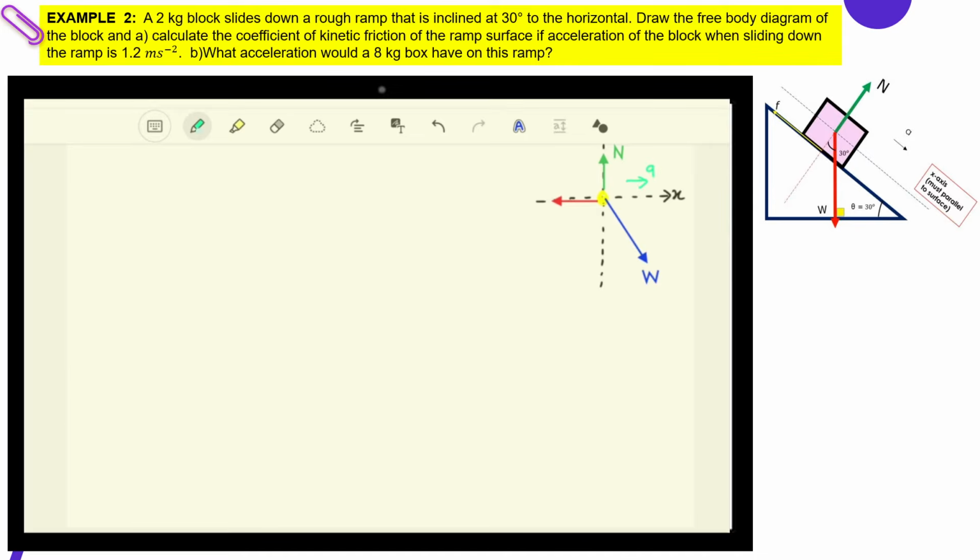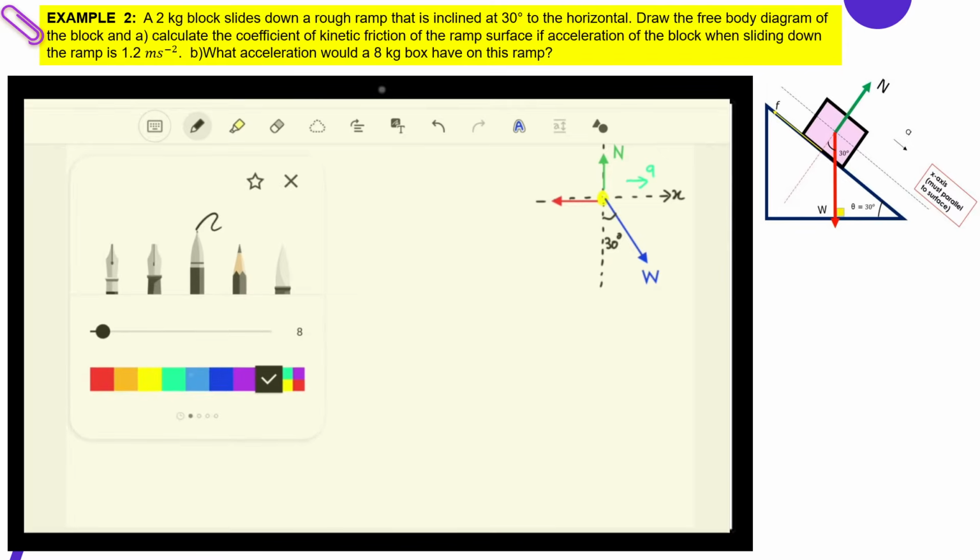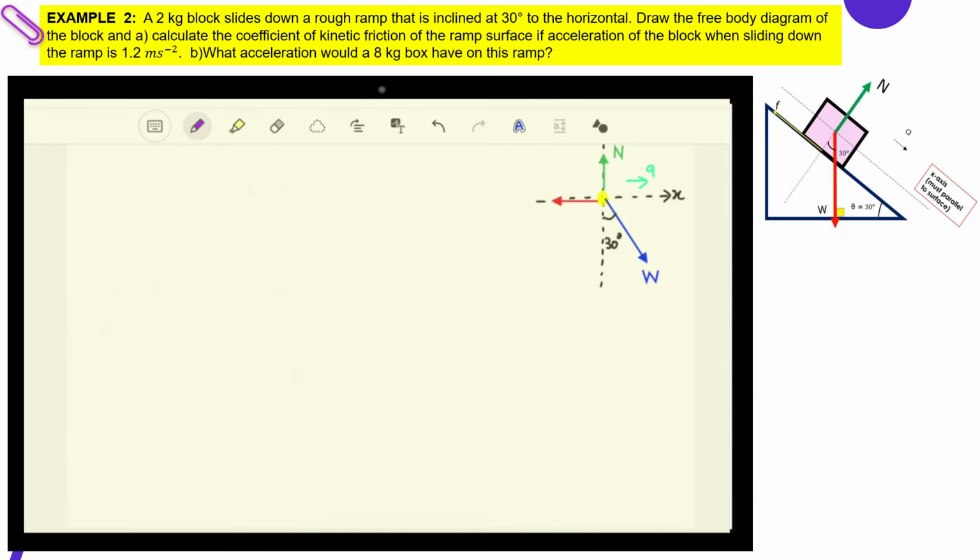But before we start, let's try to resolve the weight component first. As we know, this is 30 degrees. So now I want to resolve W into Wx and Wy components, where Wx is equal to W sine 30, it's to the right, so positive.